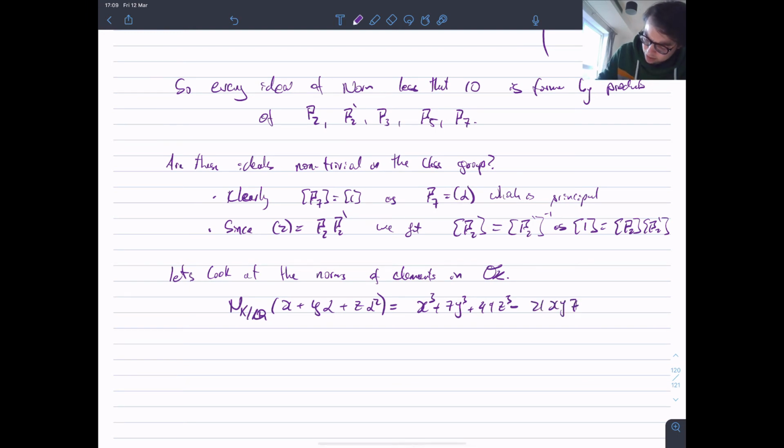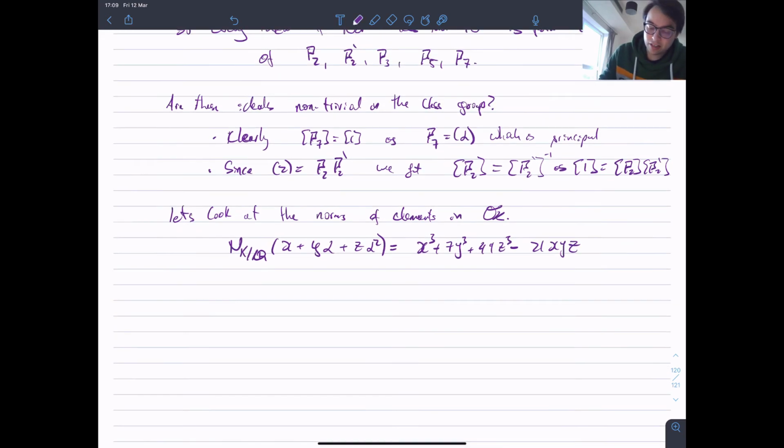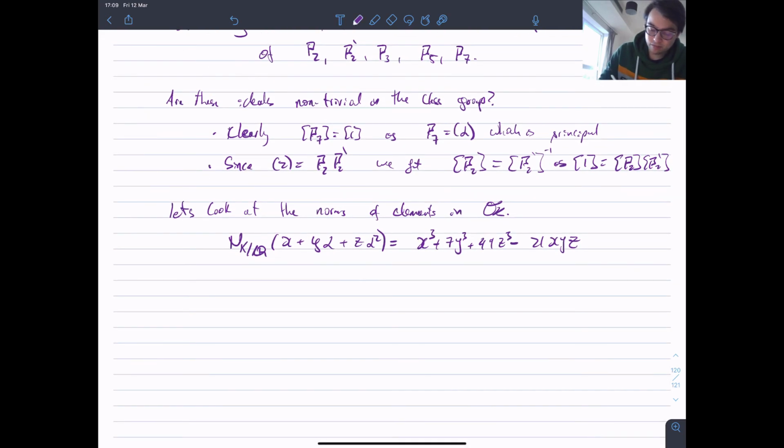As I said before, sometimes for specific fields there are easy formulas. For cubics, maybe you should try to do this next time. You can probably work out a general formula for the norm of a cubic, if you know what the generating element is, if it's a sufficiently nice generating one. In this case, you work out that this is what the norm of a general element is.